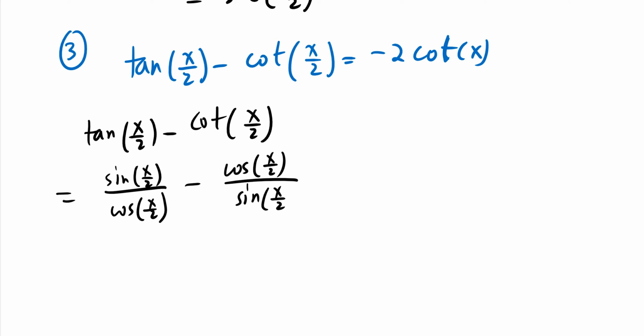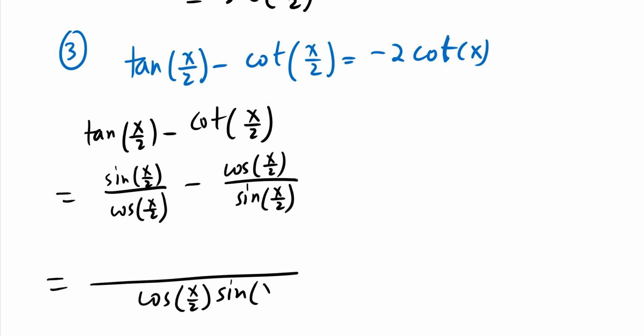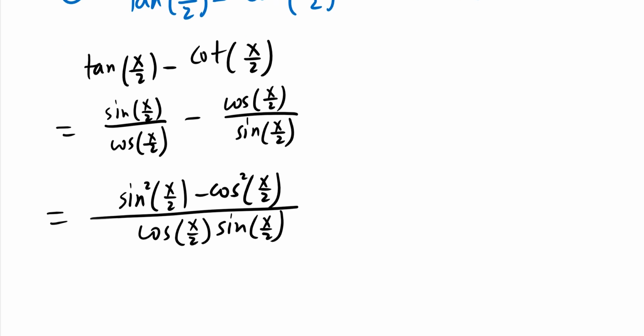I see fractions, I can combine them, finding the common denominator. And then on the top we get sine square x over 2 minus cosine square x over 2. But what can I do in the top and the bottom?